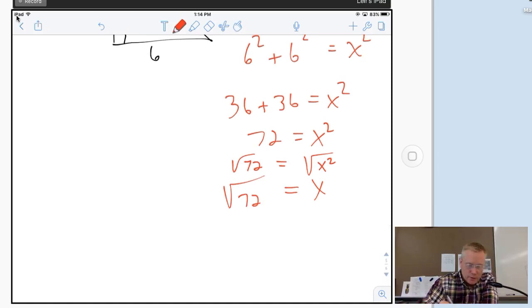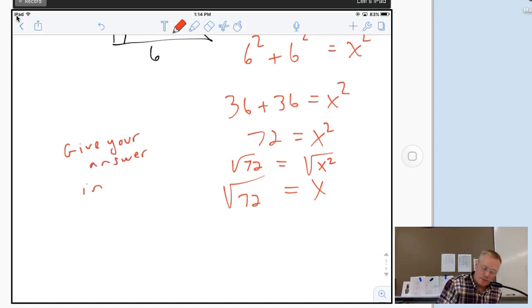Okay, now you do it one of two ways. If they ask for a decimal, you can punch it in your calculator, and the square root of 72 is 8.48. If they say, give your answer in radical form, that means reduce the radical.